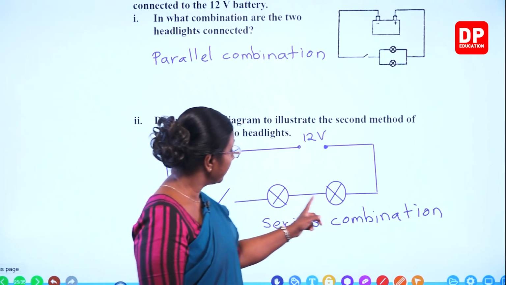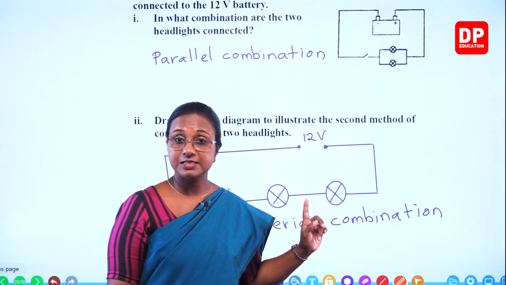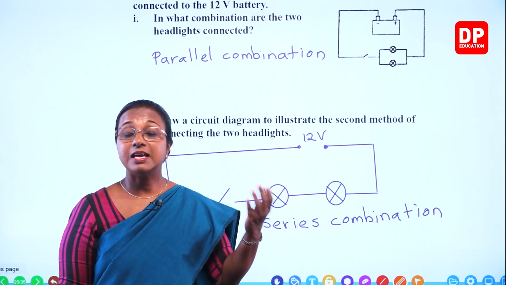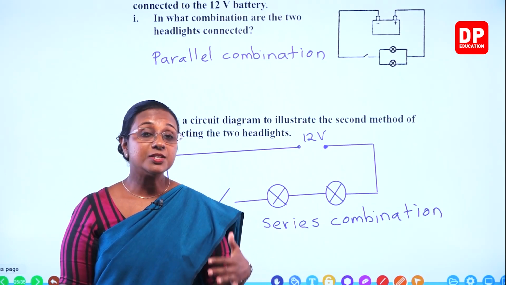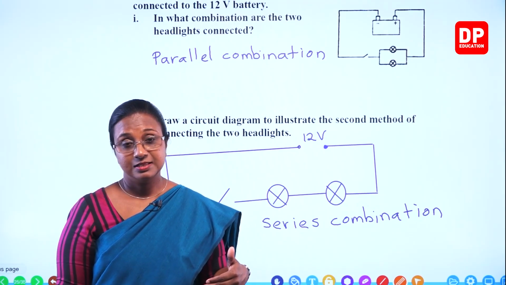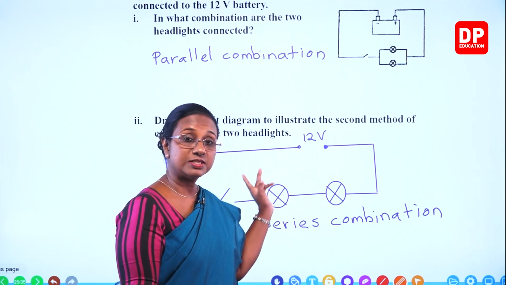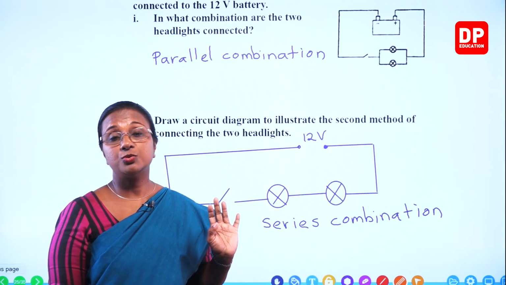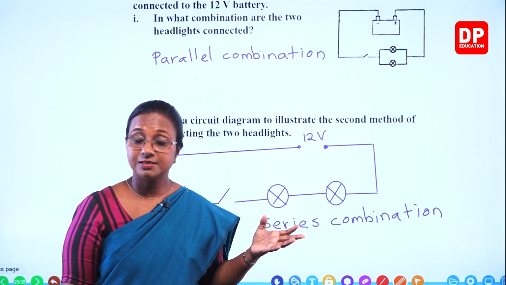Why? When the headlights are connected in a series combination, they have resistance. The resistance gets added up. Because of that, the total current flow through the circuit will be less. So the brightness of the bulb will also be less. So many reasons.